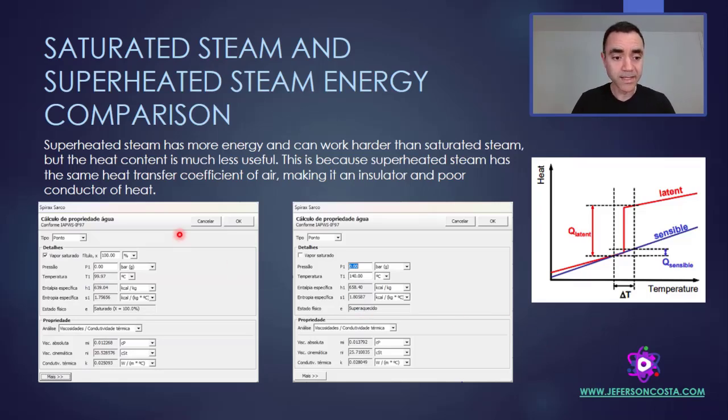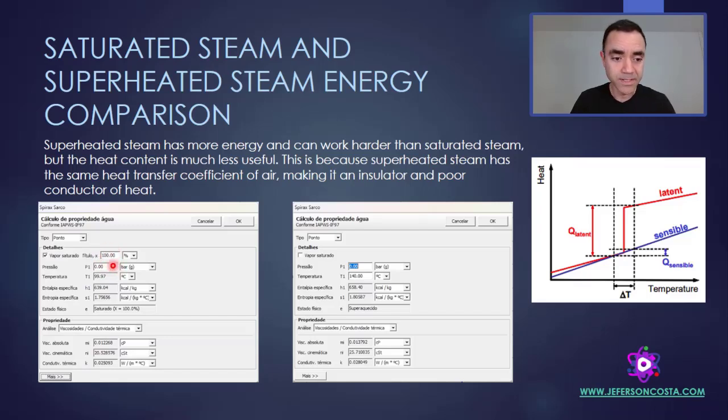Here you can see that I have two tables. The first one is related to saturated steam, where I have pressure 0 bar G, 1 atm, and 100% vapor fraction. It means that I have saturated steam.